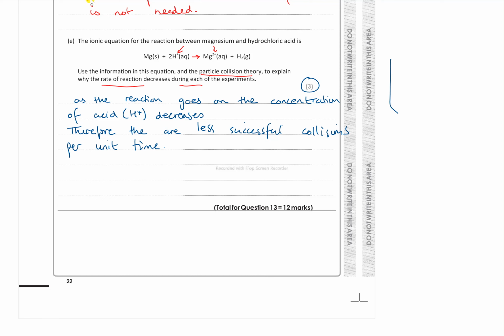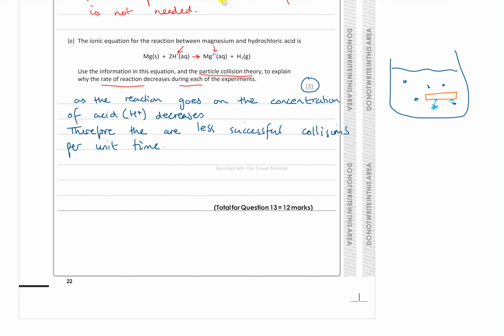What that's saying is something like this. Look, there's the acid, there's the metal. So at the beginning, because there's lots of these blue acids, when that hits that, you get a reaction. When that hits that, you get a reaction.